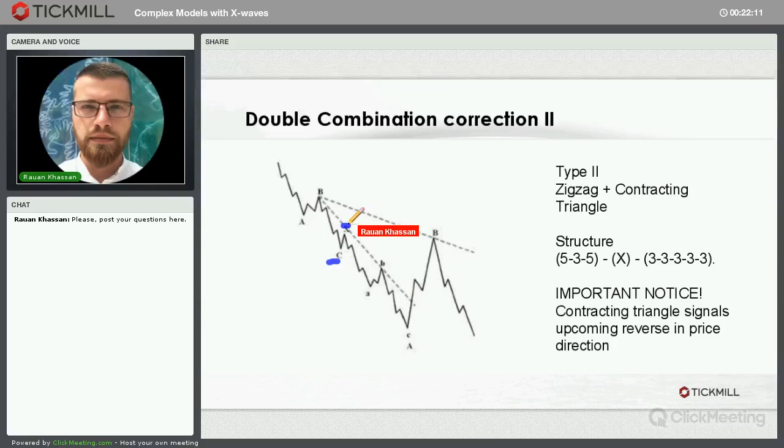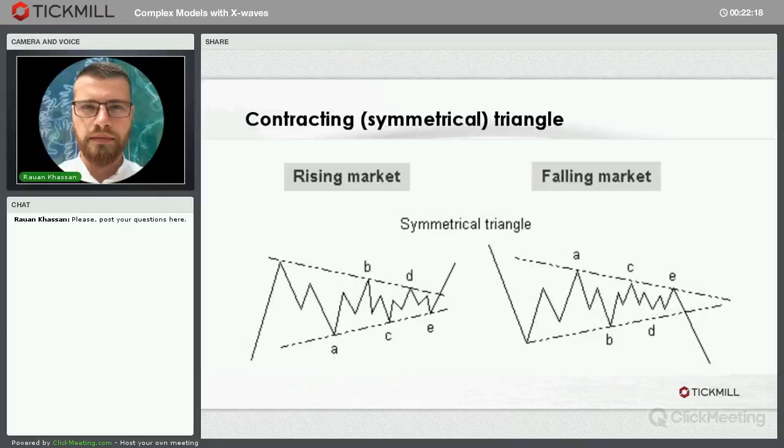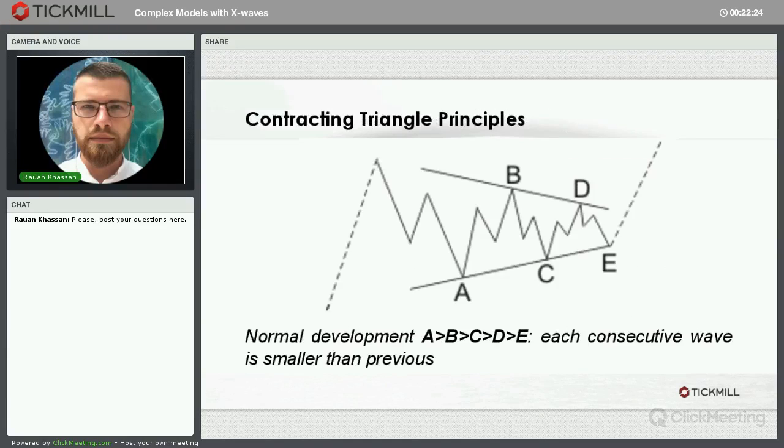once the X wave is followed, instead of a flat correction, you would be able to see a contracting triangle, which has a specific rule. Under normal development, each consecutive wave in a contracting triangle is smaller than the previous.